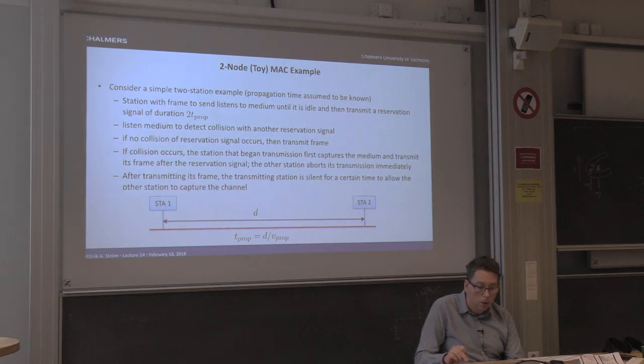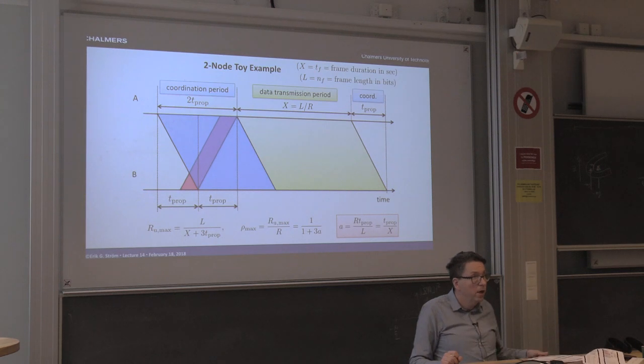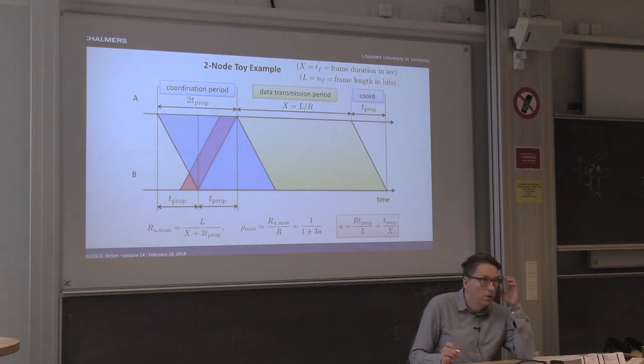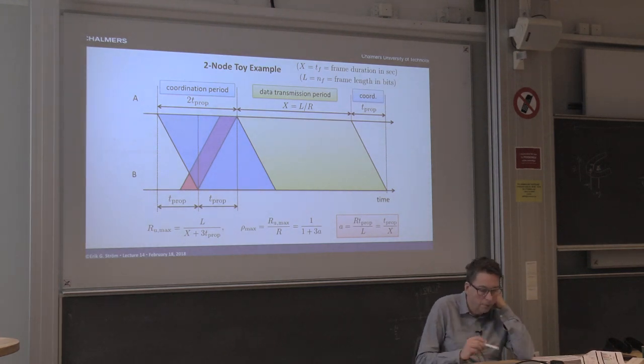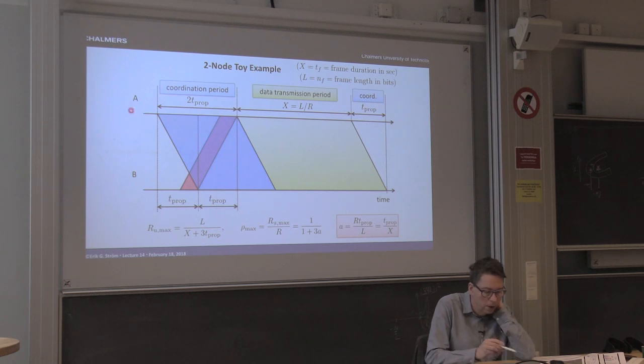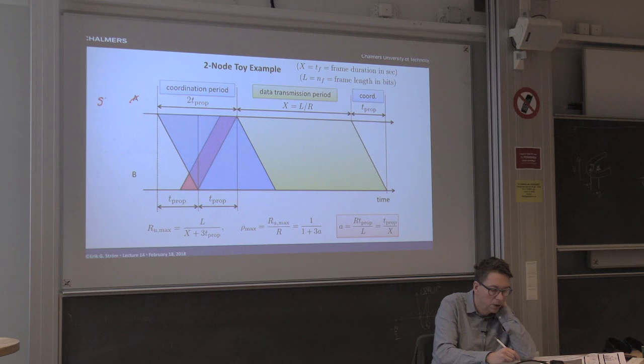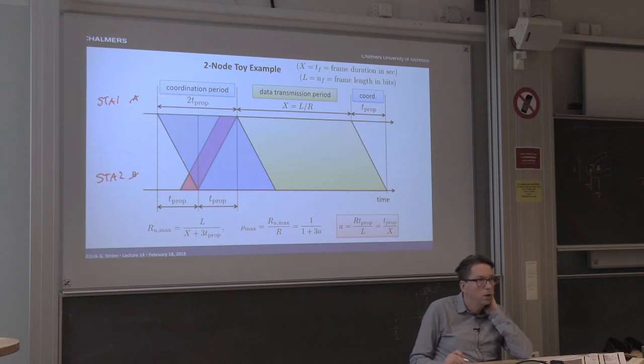Okay. So here it's a rather complicated diagram, so let's go through this in some detail. Okay. So we have, okay, maybe we should call this station 1 and this station 2, right, to be consistent. So we have 2 stations.